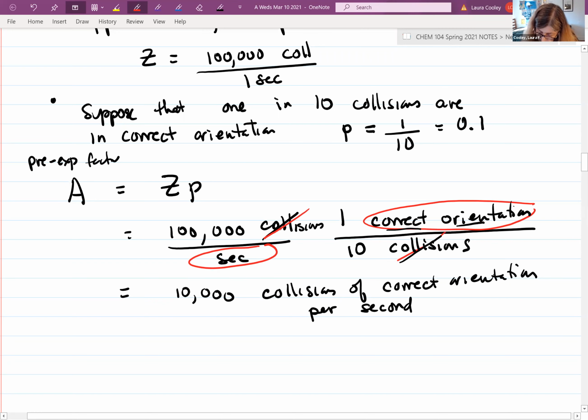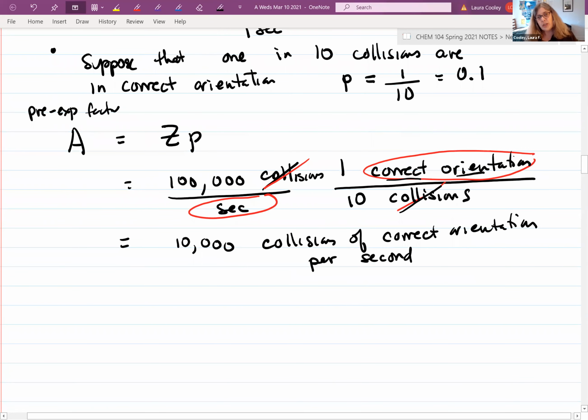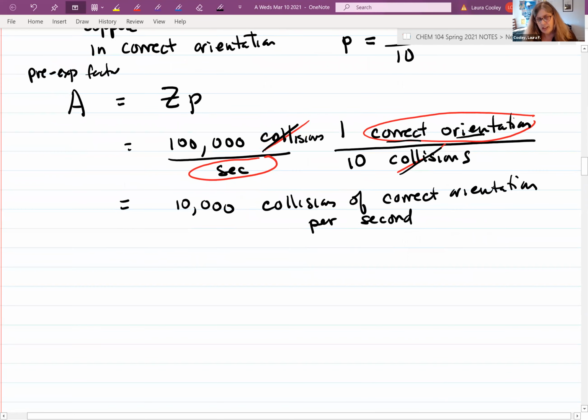These units have canceled. So you could see that dropped down the collision frequency by a factor of 10, because 1/10 of every collision are the ones that are the correct orientation, and the other ones we just won't even talk about because they're not in the right orientation.